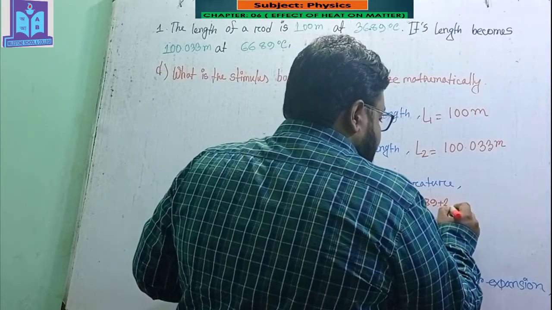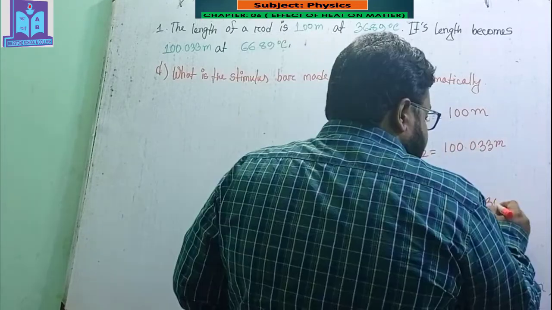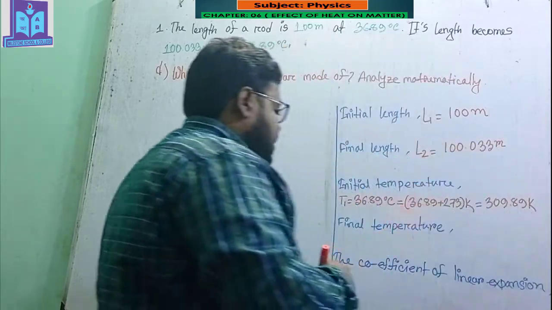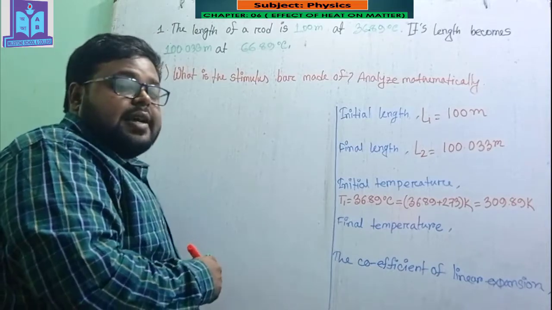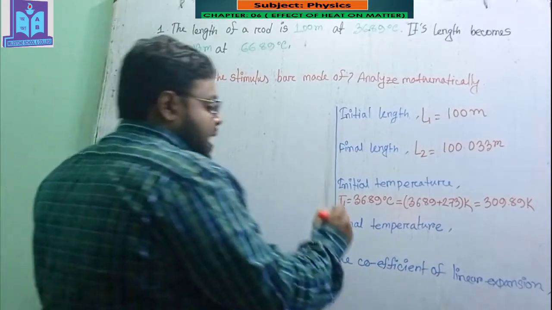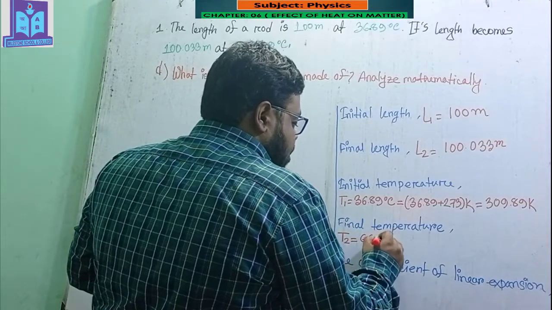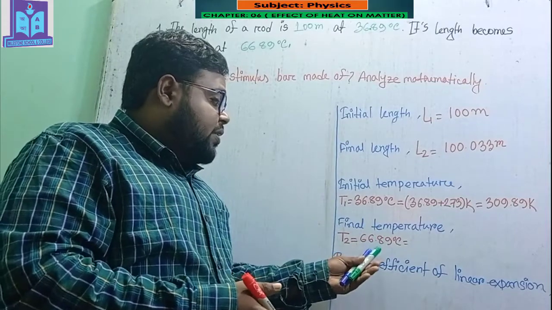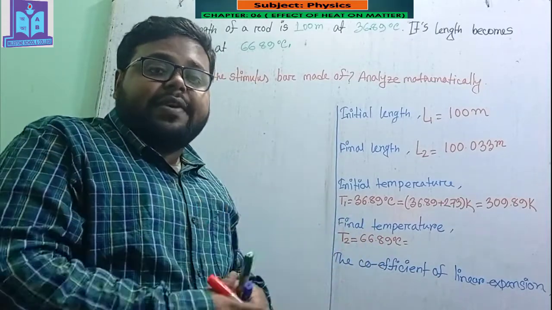So the value will be 36.89 plus 273 Kelvin equals 309.89 Kelvin. And also here you can see that the final temperature is 66.89. That means T2 equals 66.89 degrees Celsius. I need to convert this value also from degree Celsius to Kelvin scale.